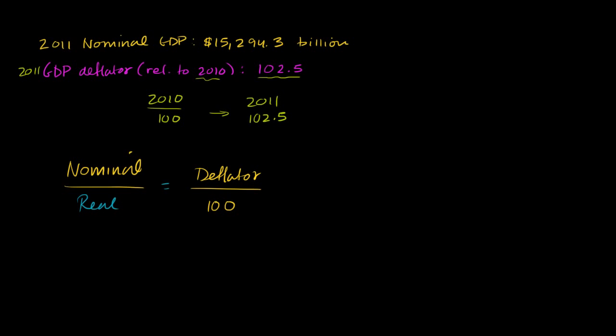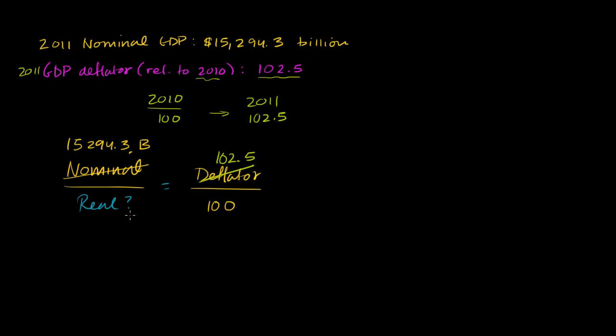So thinking of it that way, our nominal current dollar GDP is $15,294.3 billion, or you could view that as 15.2943 trillion, either way. Our real GDP is what we want to figure out. We do not know what this is. And we know our deflator. We know that things have gotten 2.5% more expensive, or that our deflator is 102.5.